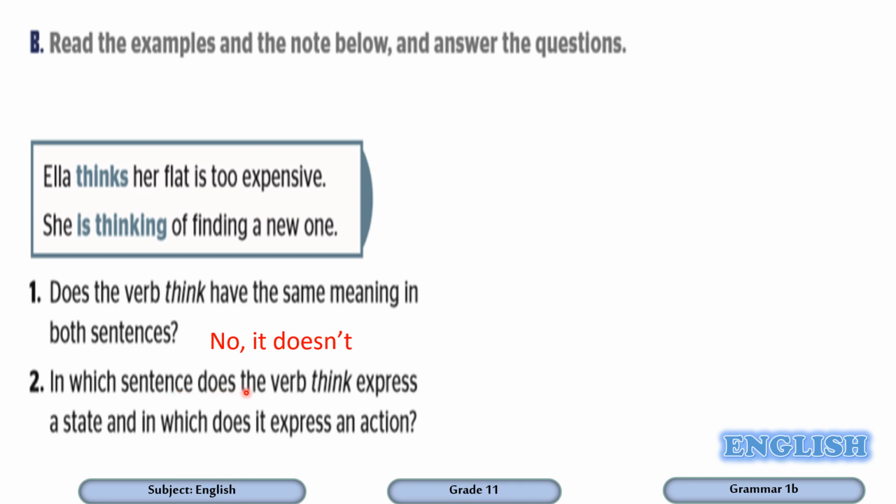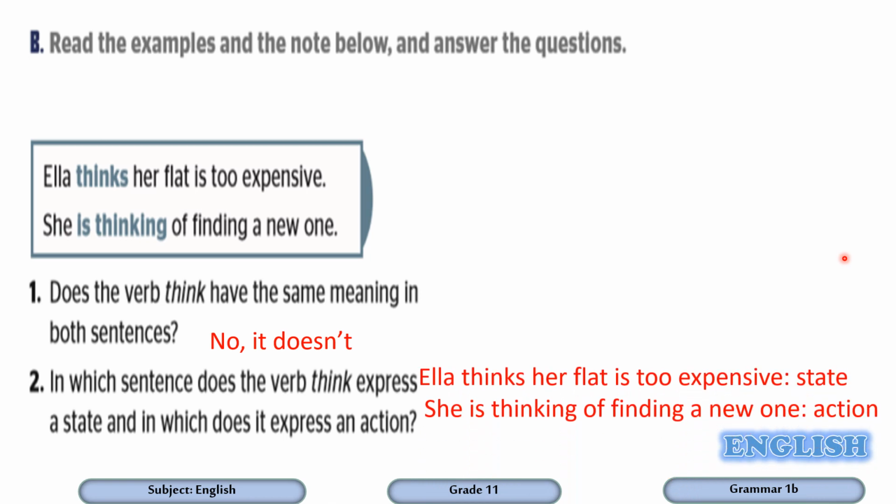In which sentence does the verb think express a state and in which does it express an action? A state, it's just an opinion. Ella thinks her flat is too expensive. That's a state. She's thinking of finding a new one. She's making an effort. Okay, she's planning. This is an action. Great.